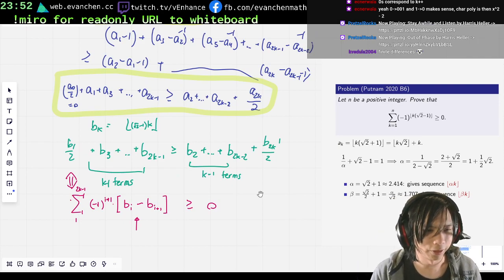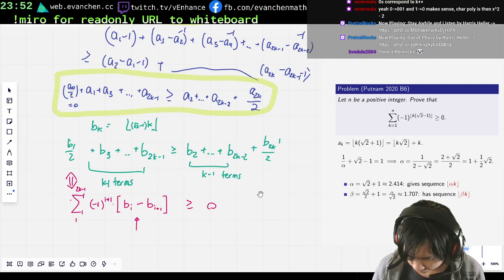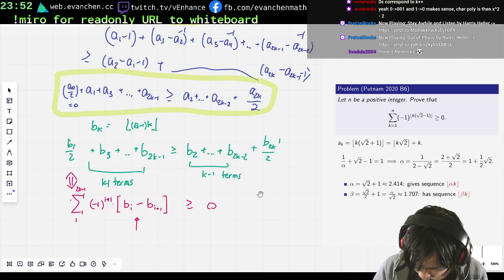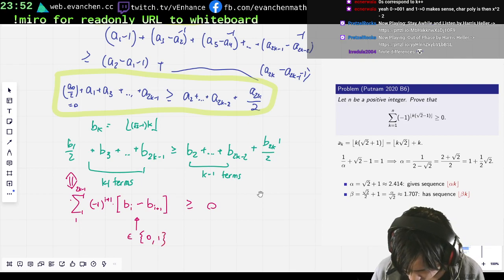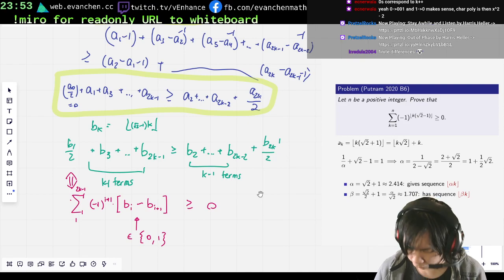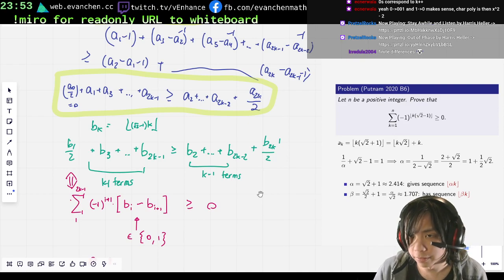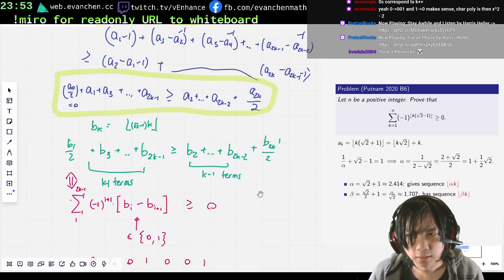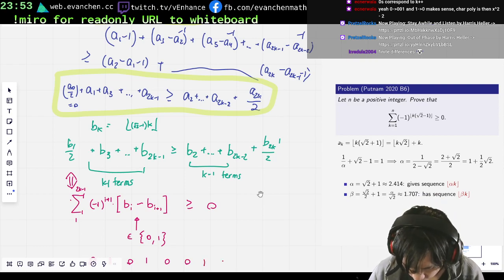And this is now weird because this thing is either in 0 or 1. And the first terms of the sequence are 0, 1, 0, 1. Wait, so this is the same sequence, right? This is the sequence we were looking at earlier.